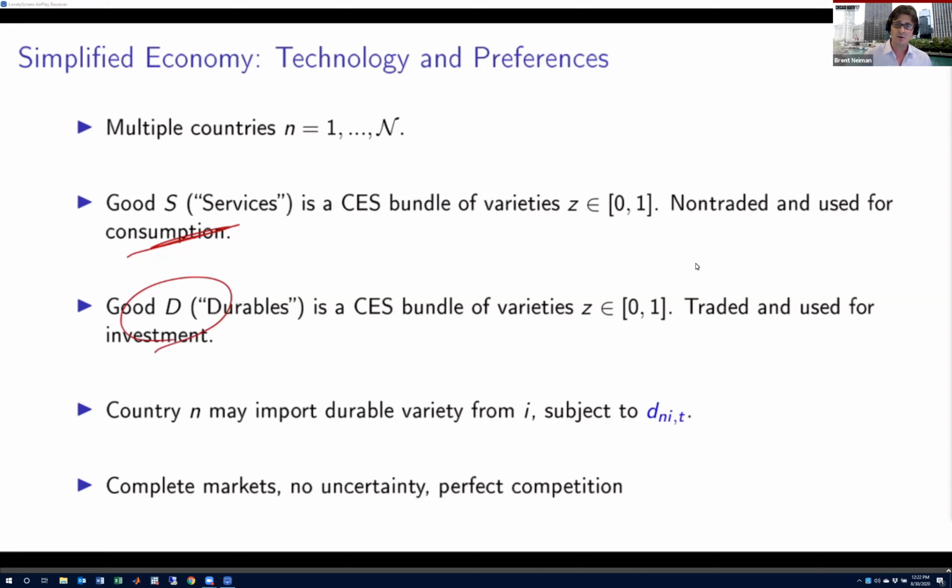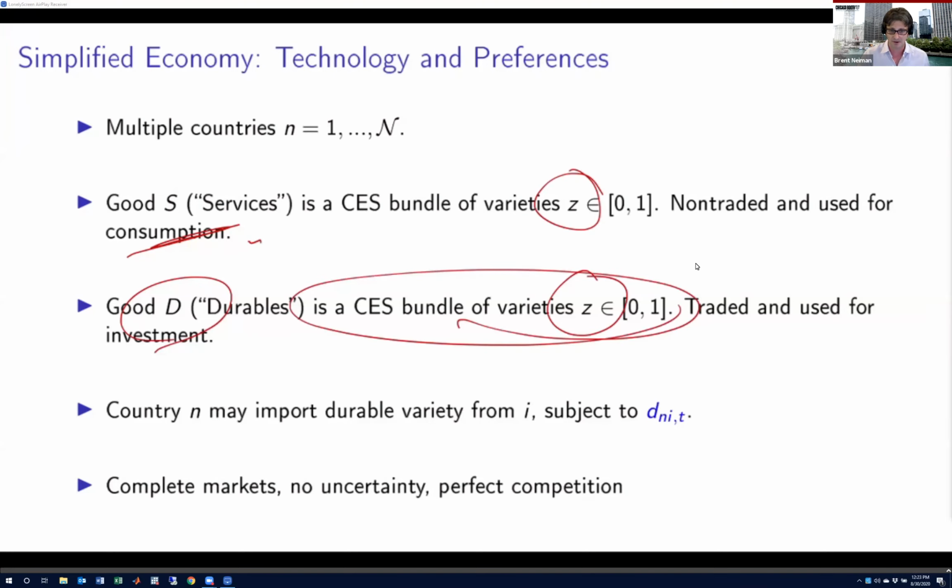And each of these goods, the consumption good and the investment good, or the services and durable good, are themselves aggregations of a continuum of underlying varieties Z. Okay, so these are sort of bundles of varieties. In the services case, I'm going to assume that the bundle is sourced domestically because it's not traded. But the way that countries are going to interlink around the world is going to be the fact that the bundle of varieties that creates the durable investment good is going to be sourced from all over the world.